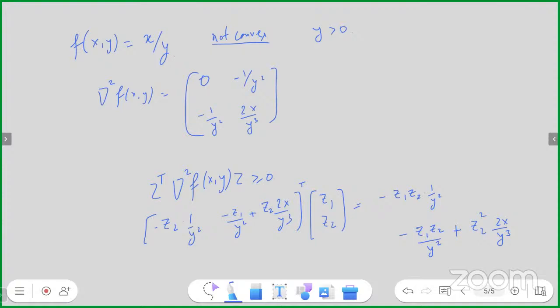So leave this exercise, I thought you would have done it at home. Now can you tell me, is it convex, quasi-convex or not?